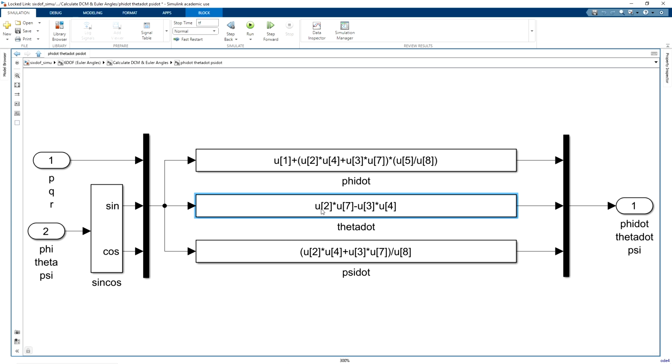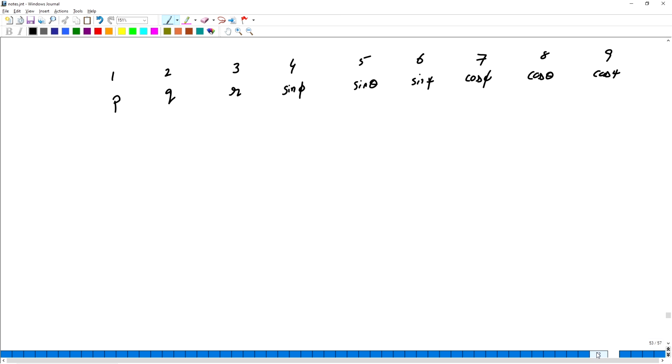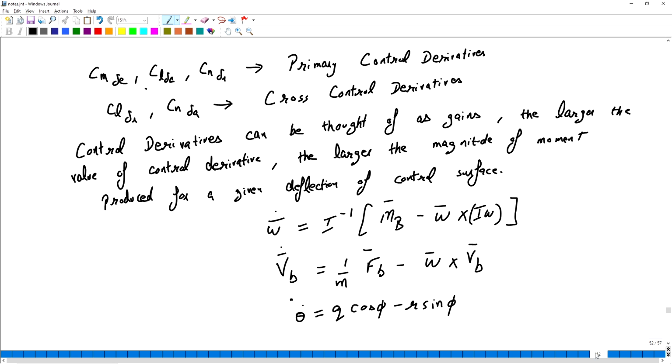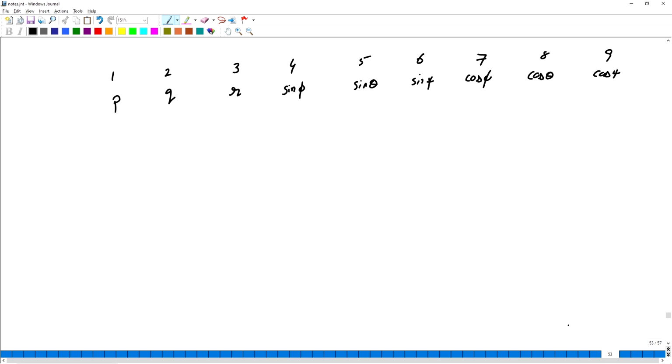Theta dot, it is saying the inputs are 2 into 7. The theta dot expression is, let me rewrite it here, q cos phi minus r sin phi. So the q variable is input 2, cos phi is 7, r is 3, and sin phi is 4.